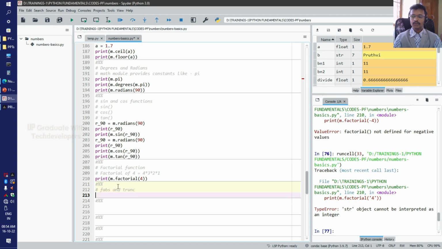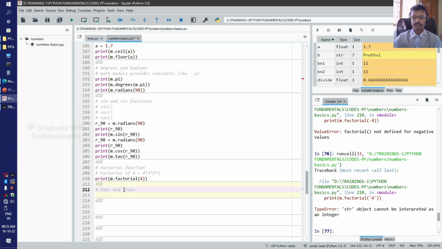We can use the f absolute method in the math module to find a number's absolute value as a floating point value, and then the truncation method to truncate a number to its nearest integer value. This truncation method will not return the number as it is, it will truncate the number to its nearest integer value.